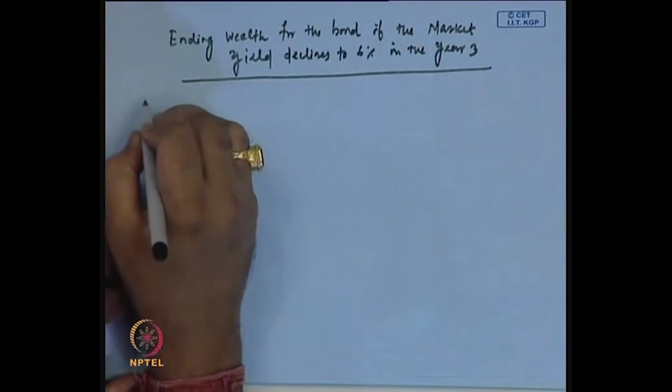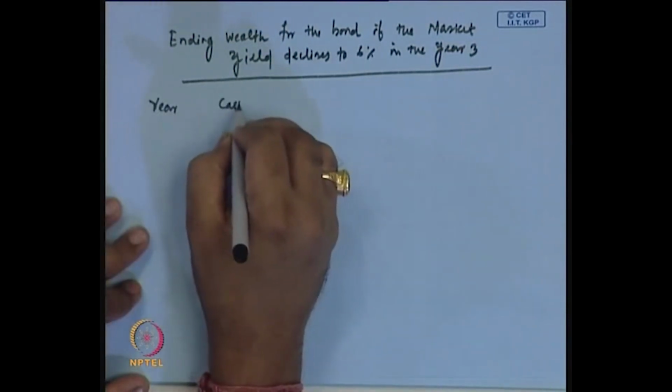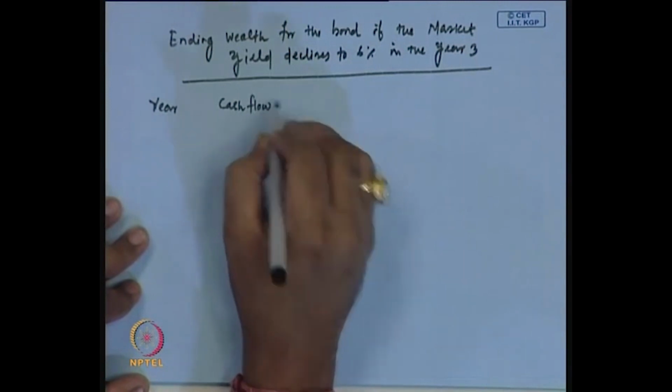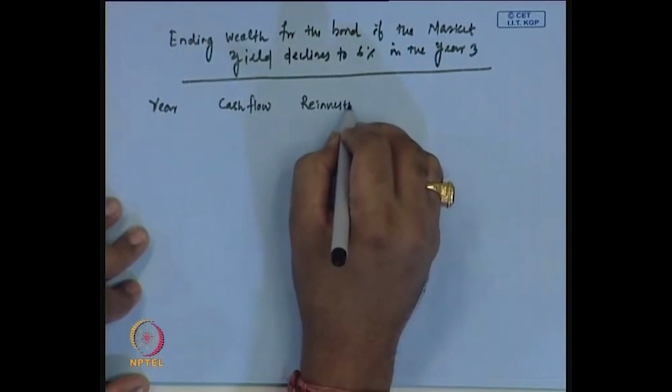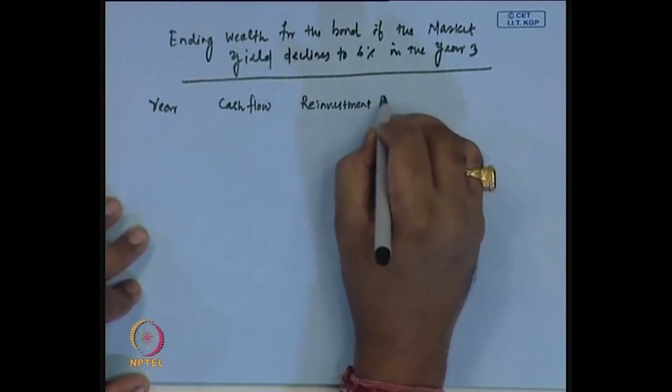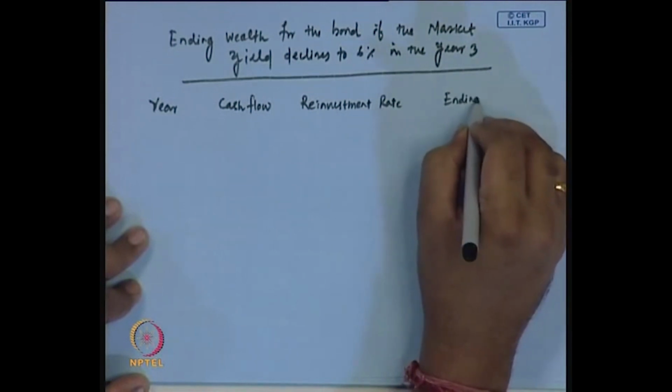Like that, if you want to make this table, this is your year, this is your cash flow, this is your reinvestment rate, and this is your ending wealth.